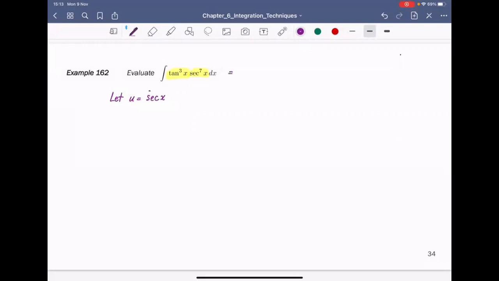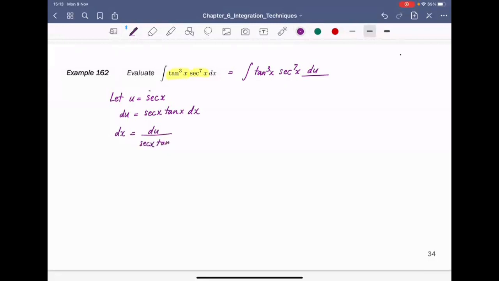So it's going to be integrate tan cubed secant to the 7th power x, and because I picked u to be sec x, I'm going to have du equal to secant tangent x dx, which is pretty easy, right? Because dx is going to be just du over secant and tangent.